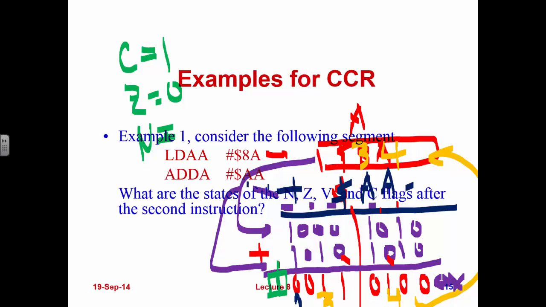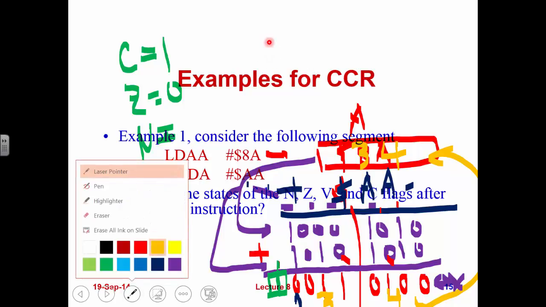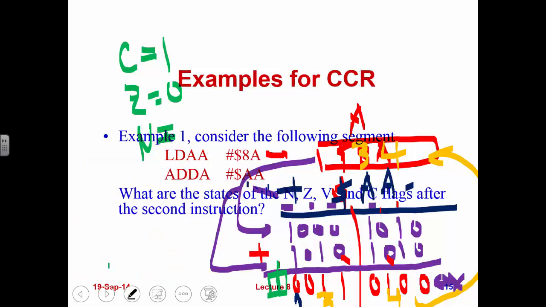That indicates if we consider this number is a signed number, it's positive. So for a signed number, it is positive if the leftmost bit is 0, and is a negative number if the leftmost bit is 1. So here this number's leftmost bit is 0, so it's a positive number. It's a non-negative number. If non-negative, then N is 0.